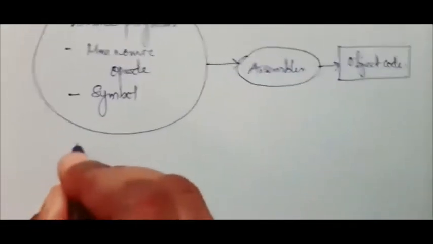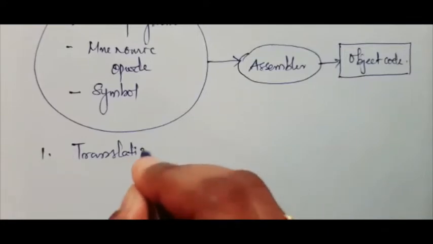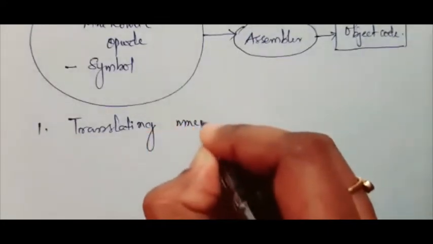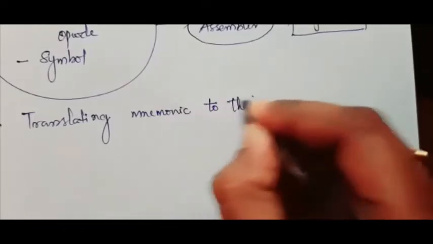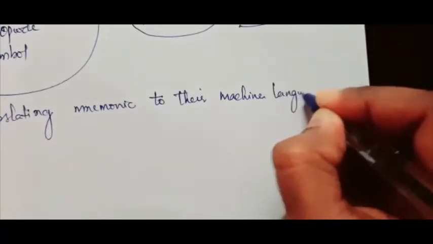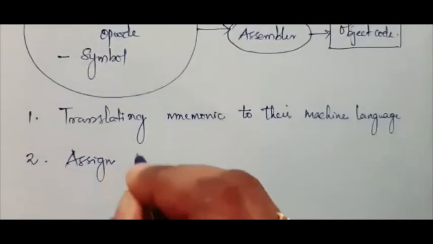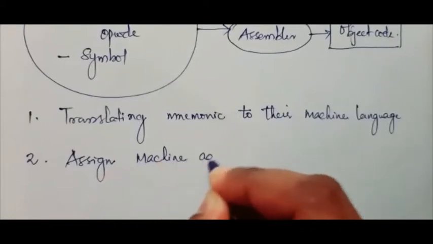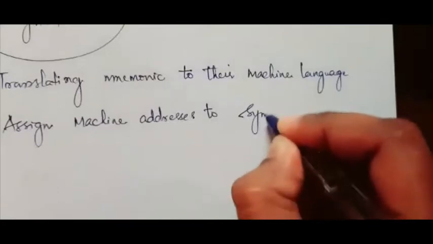Okay, so what does it do? Number one, translating mnemonics, which means an operation code, to their machine equivalent, machine language. And second, it assigns machine addresses to symbolic labels.